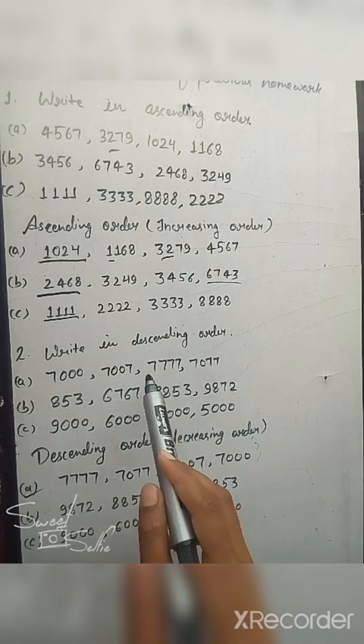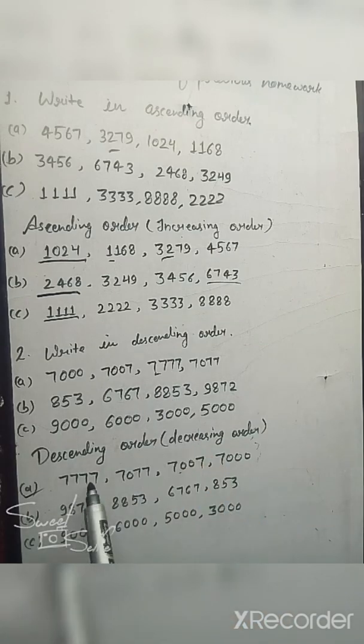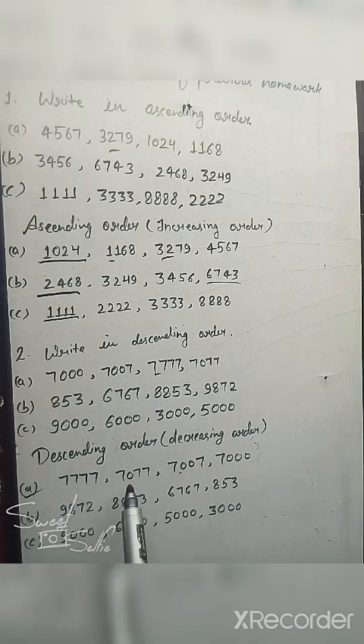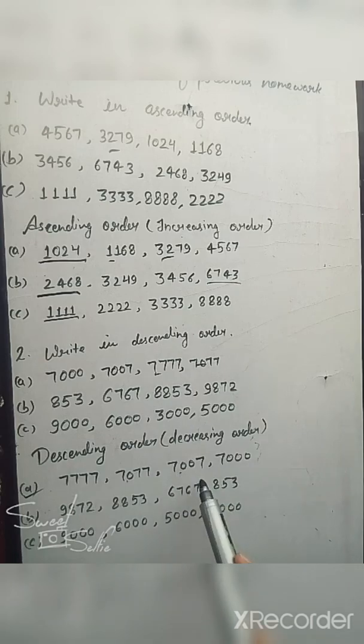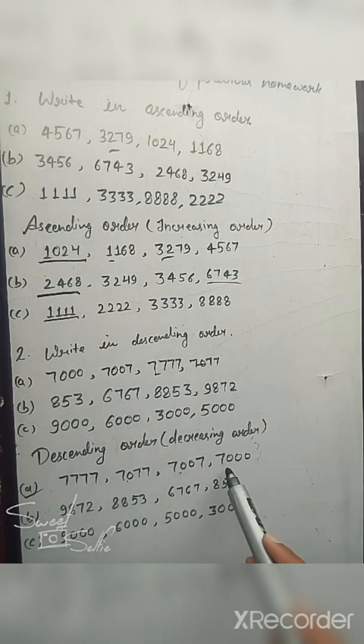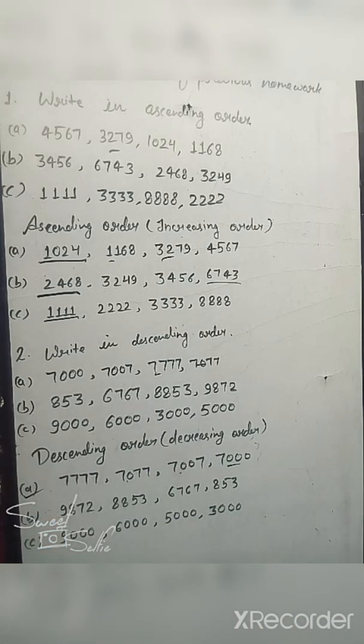7777 is greatest number, so we will write it first. Next greatest is 7077. Next 7007, and next 7000. 7000 is smallest number among these numbers. Okay.